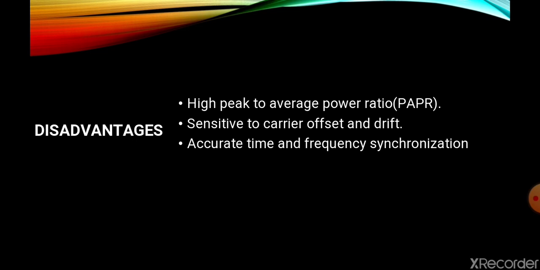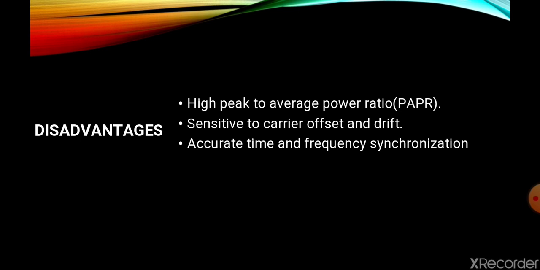There are a few disadvantages as well, that is a high peak to average power ratio. This increases the complexity of the circuitry, as the amplifiers and the receiver circuitry have to be complex to design in order to detect the signal correctly.